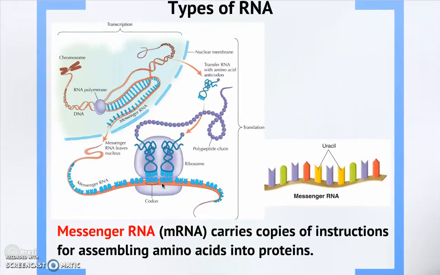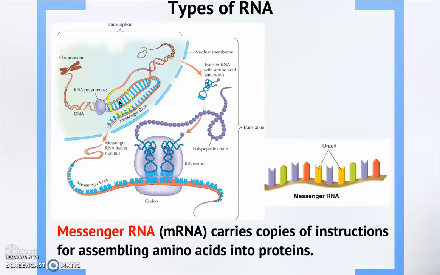The first one is messenger RNA. What messenger RNA does is it carries copies of the instructions for assembling amino acids into proteins. Here within our nucleus, mRNA has made an RNA copy of the DNA instructions.